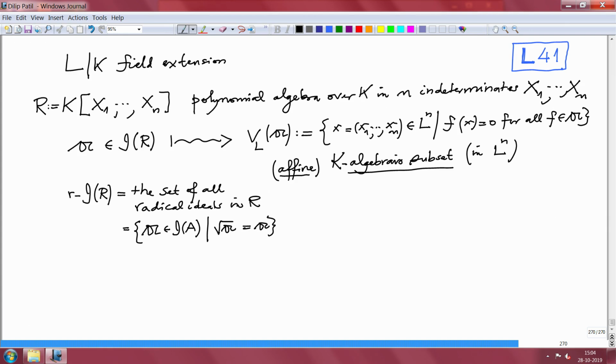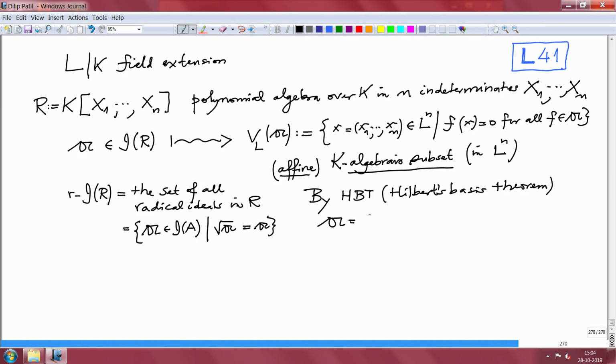Also note that we have proved that to define this K-algebraic set, we need only look at finitely many polynomials, because we have proved by Hilbert's basis theorem, HBT, that every ideal in the polynomial algebra is finitely generated.